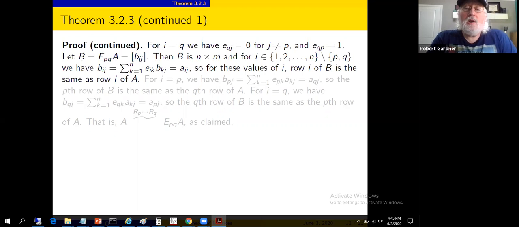Okay, a lot of stuff is going to look like matrix A because a lot of the pieces of this elementary matrix look like the identity. So we've got B as an m by n matrix. If we look at the non-P and non-Q rows of matrix B, so let j vary here, we're getting B sub ij is a sum from k equals 1 to n, E sub ik, B sub kj.